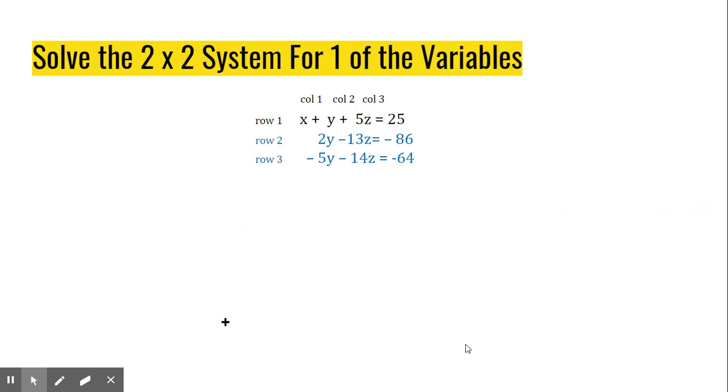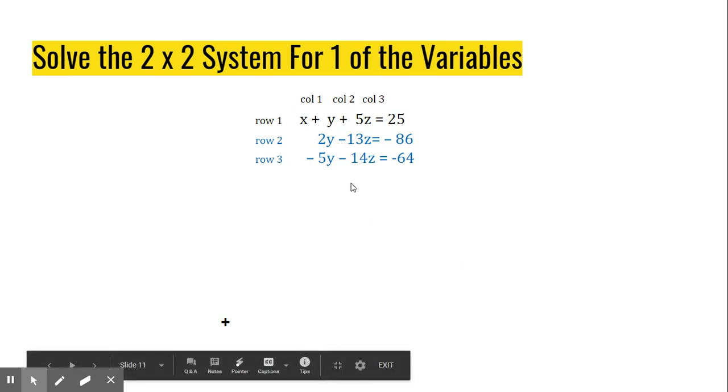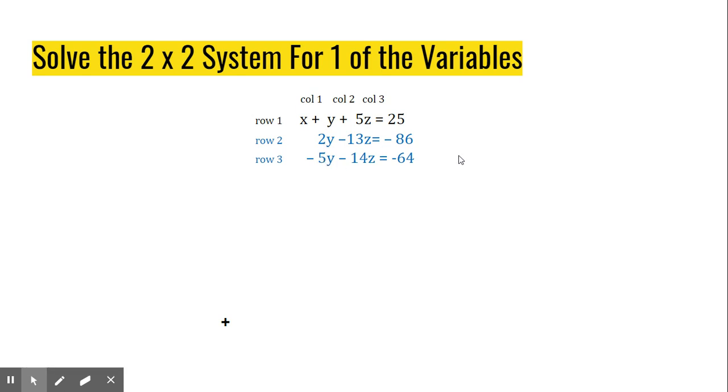By now, you have noticed that we have in row 2 and 3 a 2 by 2 system. I'm going to solve that with elimination as well. But you notice that neither one of these coefficients is 1. So I have a little bit more work to do to deal with a system like this. I'm going to multiply row 2 by 5.